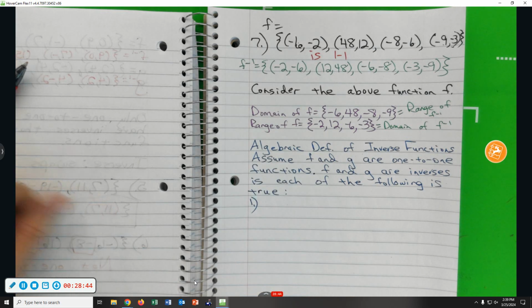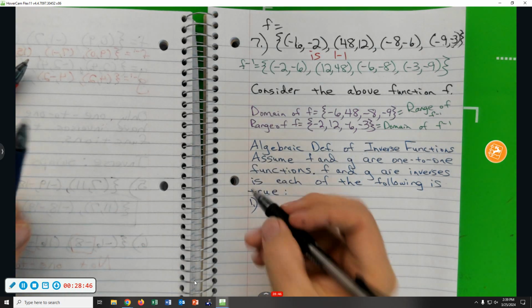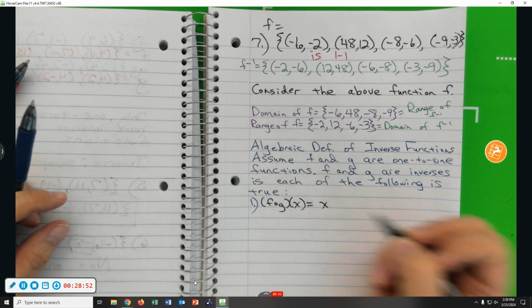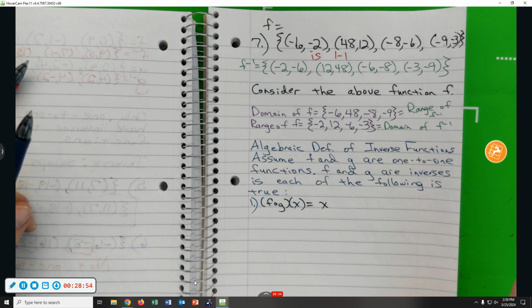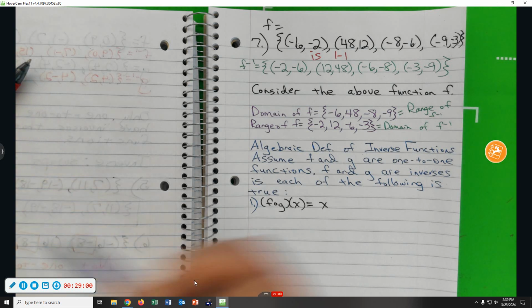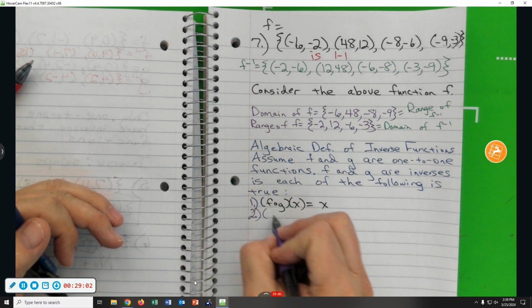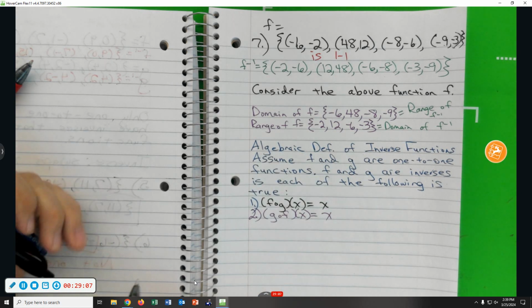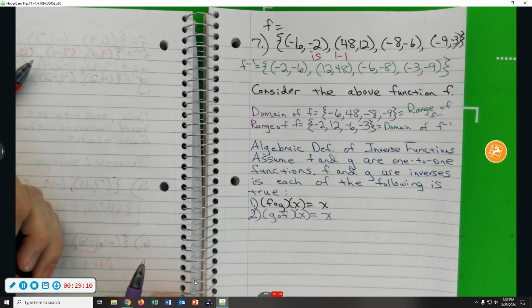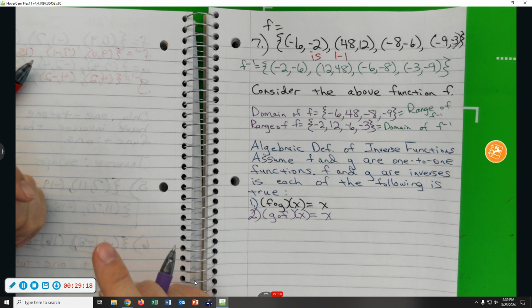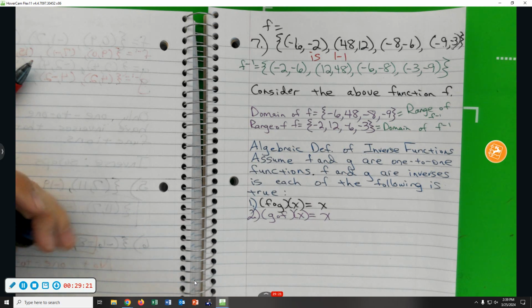One, f composed with g of x reduces to x for every x in the domain of g, and if you reverse the composition, g composed with f of x reduces to x for every x in the domain of f. If you can find the composition of the 2 functions and everything cancels out for x in both directions, then we say the functions are inverses.